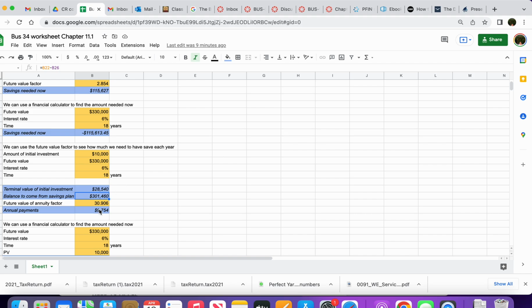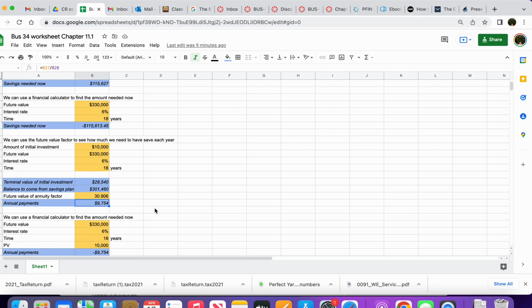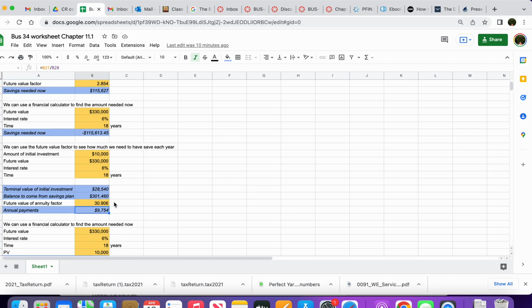I can divide the total future value balance, $330,000 minus our future value of the $10,000, by the future value annuity factor, and that means every year I need to deposit $9,754. Going through the process this way helps us answer the question.